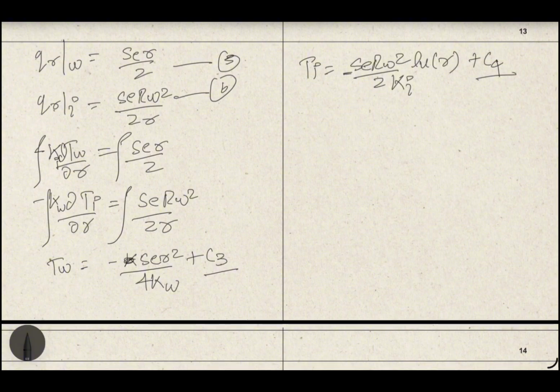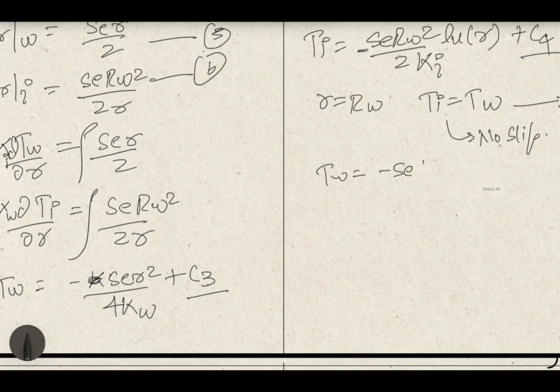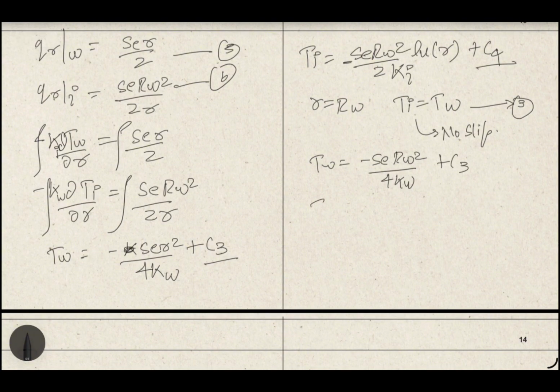Using another boundary condition at R equals R_W, T_I would be equal to T_W. This is a very important boundary condition, similar to the no slip boundary condition that we used in momentum transfer. So we will substitute them. T_W would be -S_E R_W^2/(4k_W) plus C3, and T_I would be -S_E R_W^2/(2k_I) ln R_W plus C4.